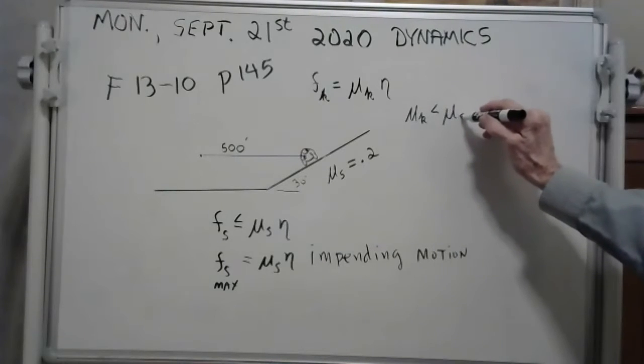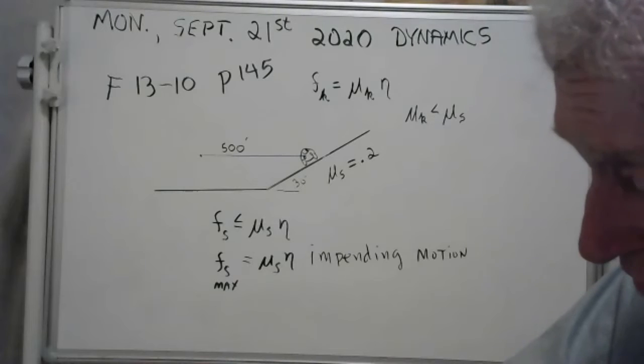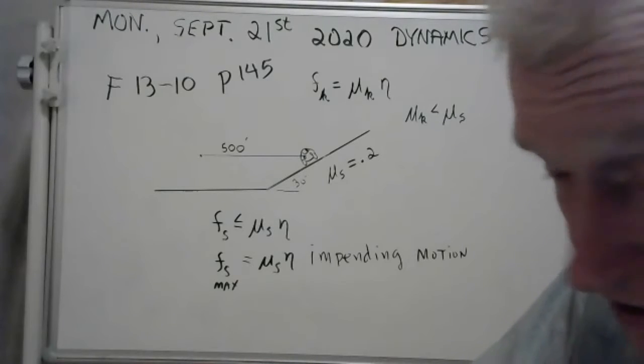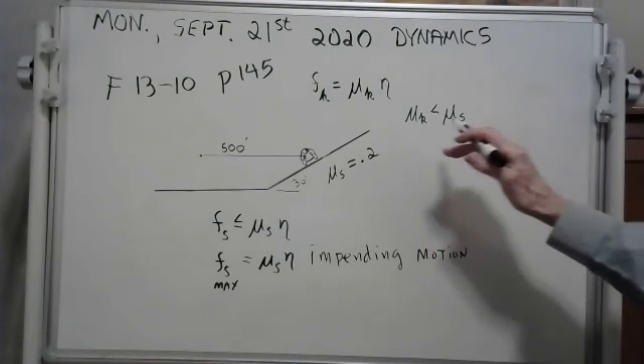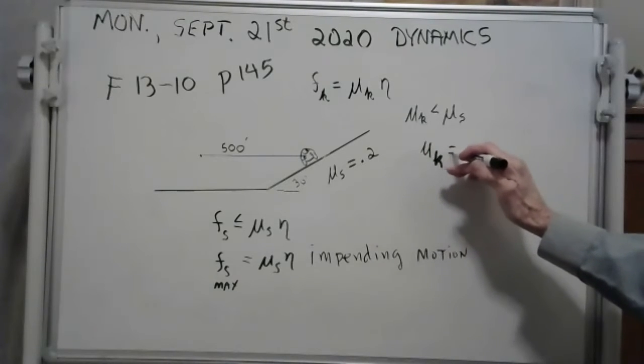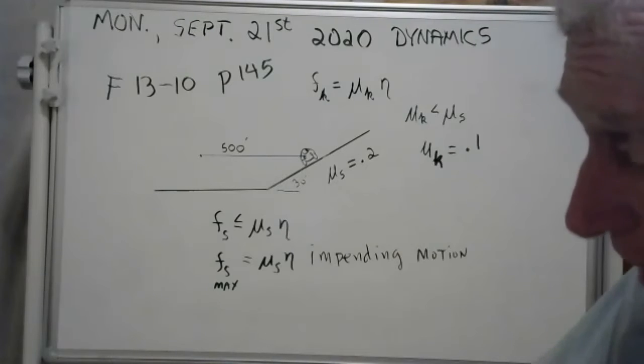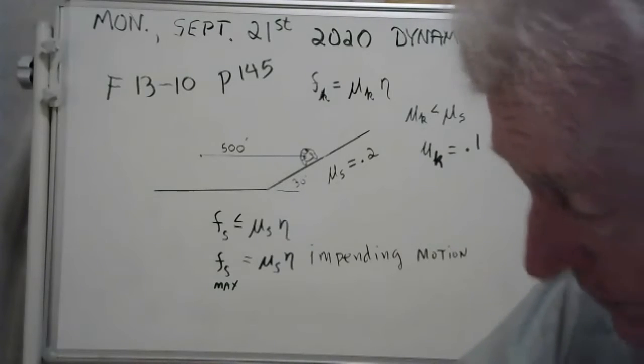Hopefully I'm boring you because you know all this. Now, they did not give us the coefficient of kinetic friction, but let's just make one up. It's probably something like maybe 0.1. It's always less than the static friction.